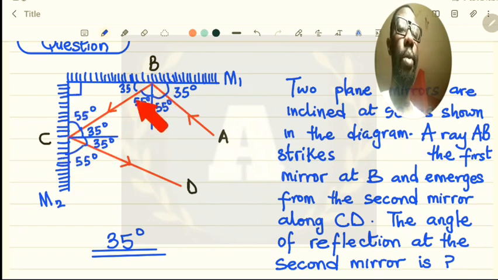So coming down here, it becomes the glancing angle for this second mirror, so the incident ray for this mirror will therefore become 35. So the reflected ray is 35 and the glancing angle will be 55. So the answer to that question is 35 degrees.